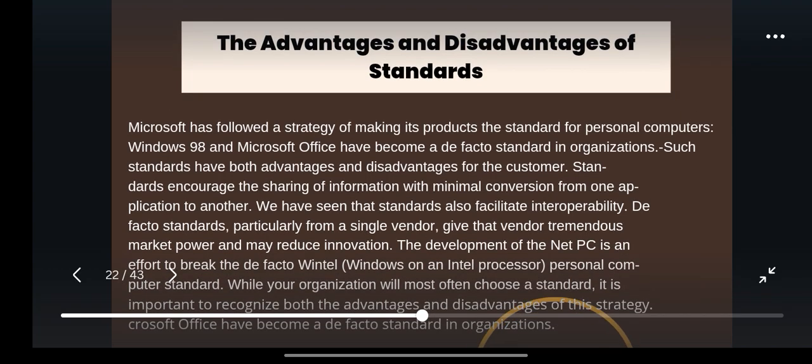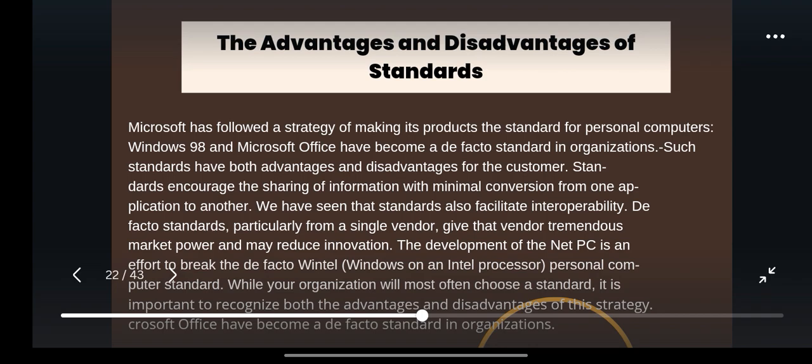So, Microsoft has followed the strategy of making its products the standard for personal computers. Windows 98 and Microsoft Office have become a de facto standard in organizations. Such standards have both advantages and disadvantages for the customer.